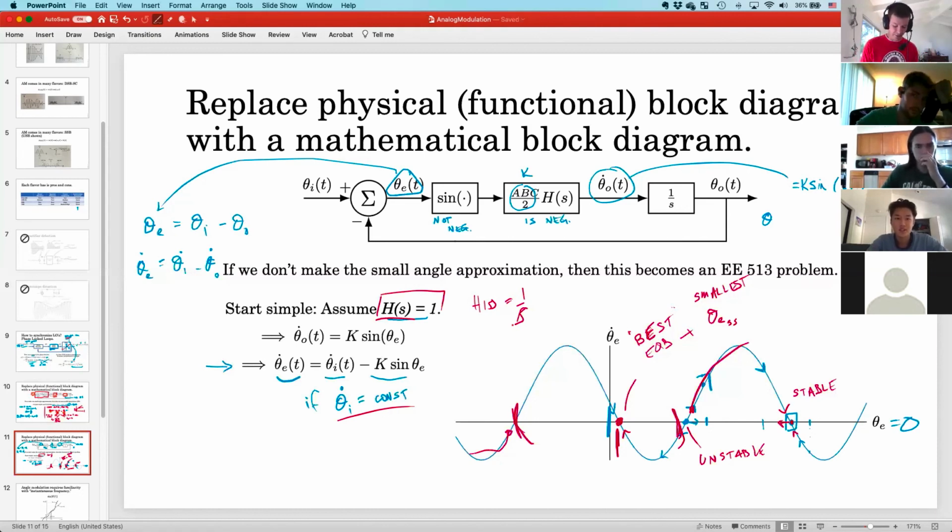Yeah, the other salient difference between this problem and an LTI problem is that the steady state value of the error depends on where you started. That's not true in LTI systems. In LTI systems, if your system is stable, all roads lead to that point. Here, the system is sometimes one, sometimes the other, and which equilibrium you end up in depends on where you start. Okay, that makes sense.